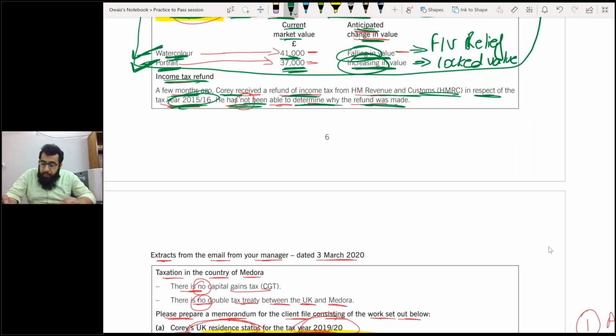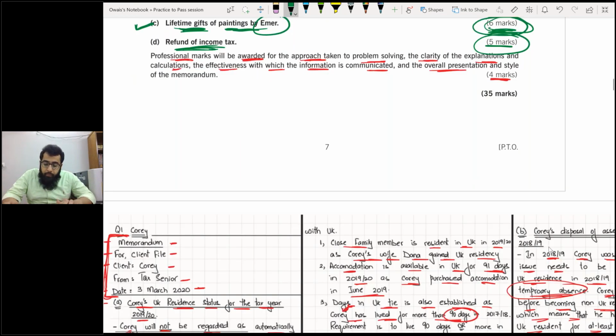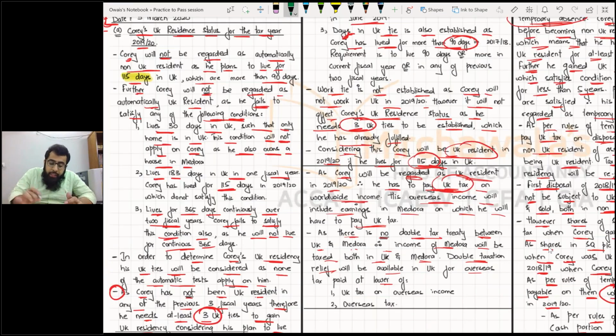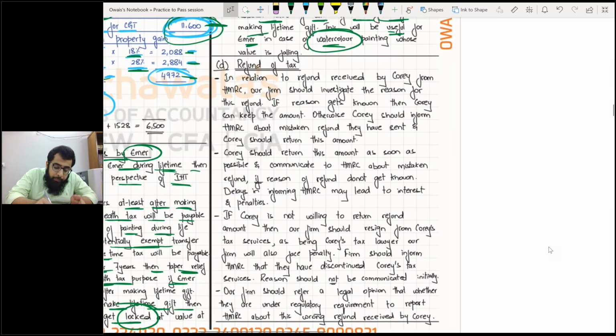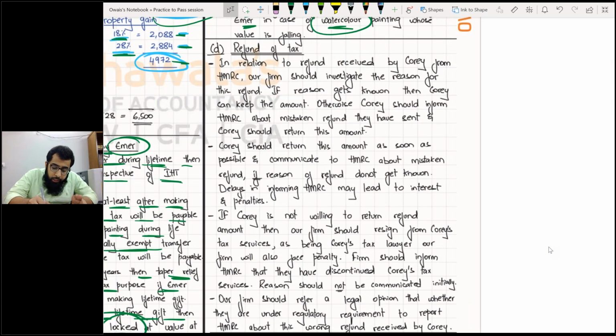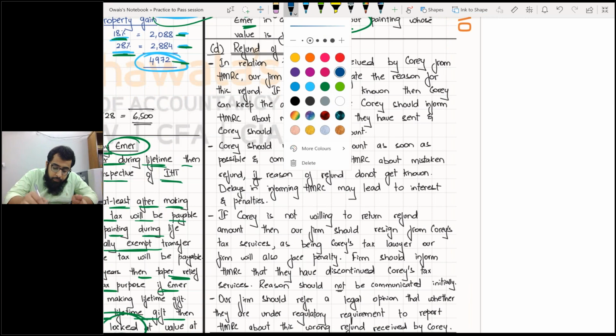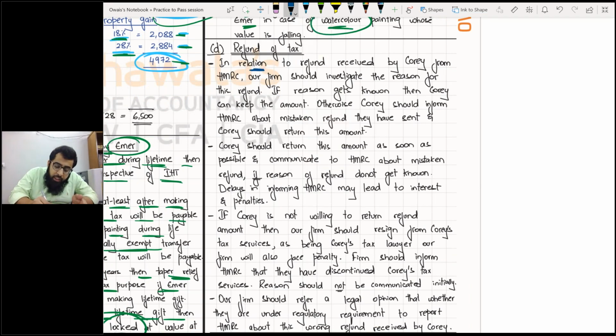Okay, so let's read it. In relation to the refund received by Corey from HMRC, our firm should investigate the reason for this refund. If the reason gets known, then Corey can keep the amount.